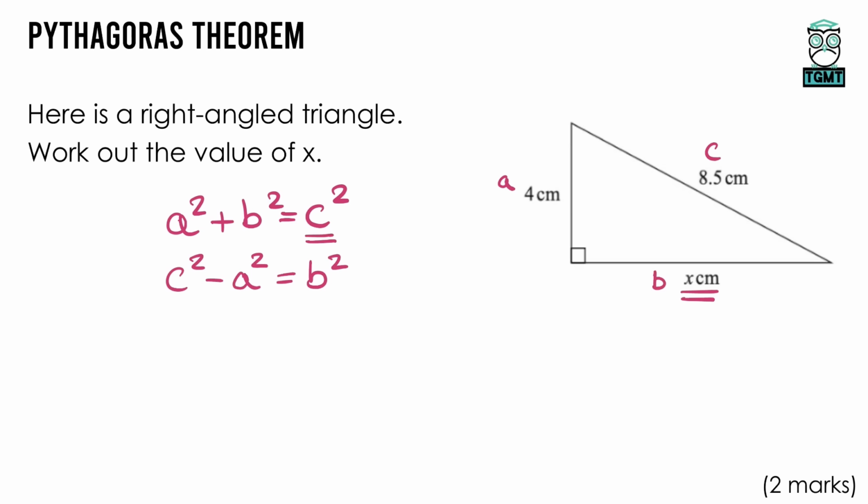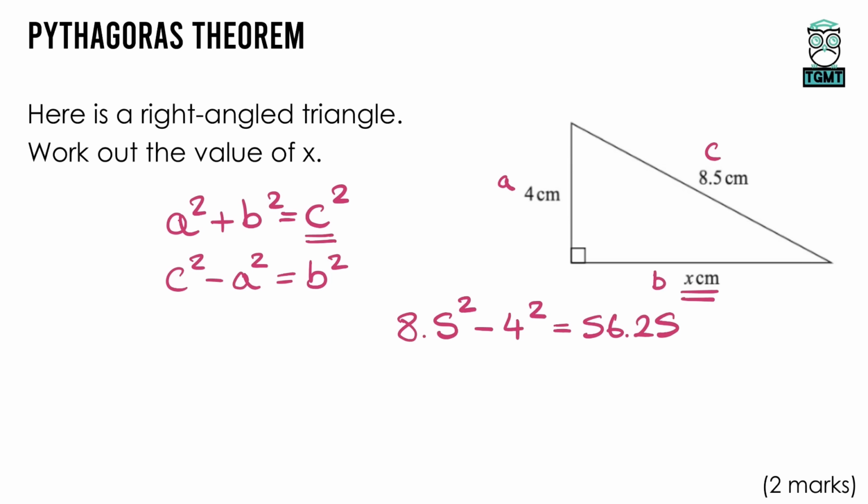So for this one, we would do 8.5 squared, take away 4 squared. That's going to be equal to the answer that we're looking for, but the answer squared. So if we type that into a calculator, 8.5 squared take away 4 squared, it gives us the answer 56.25.